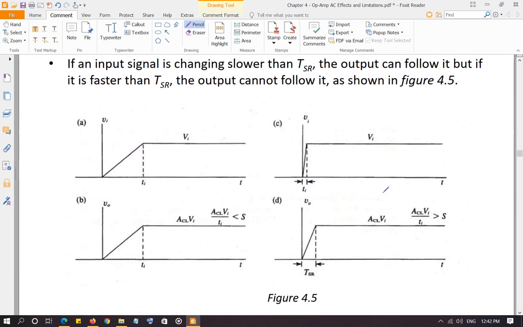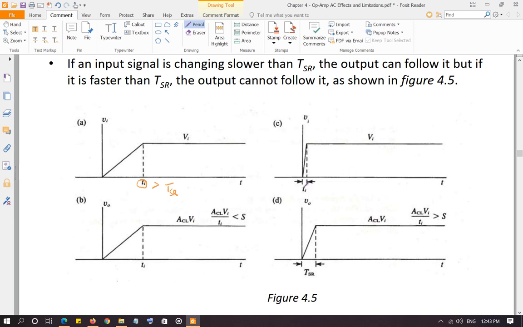Okay, so here is an example. Here in A, this is your input pulse signal. This is the rise time of the input pulse signal, Ti. If this rise time is larger than TSR, then the output will faithfully follow the input, and the output is going to be the closed loop gain times the V input.